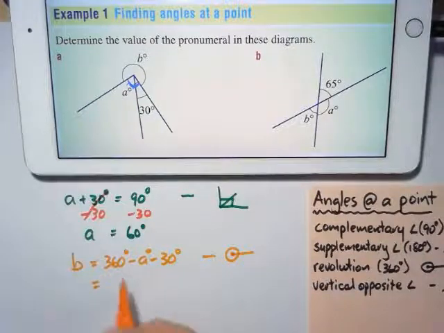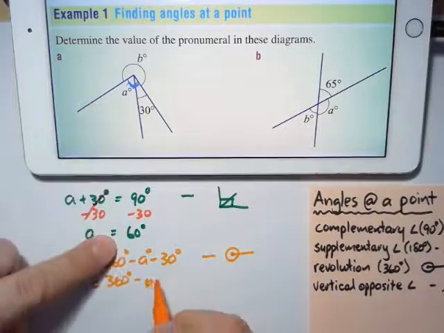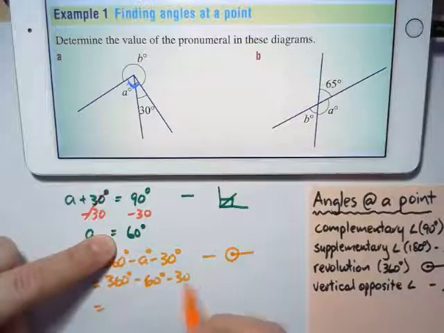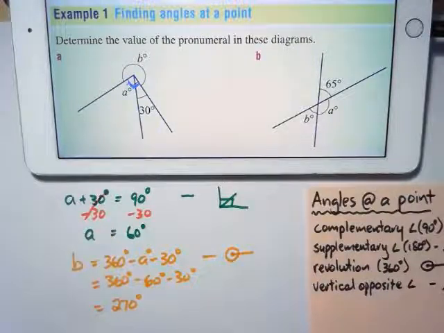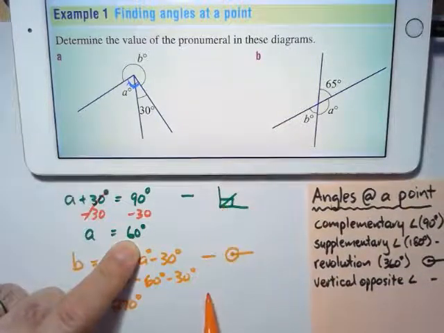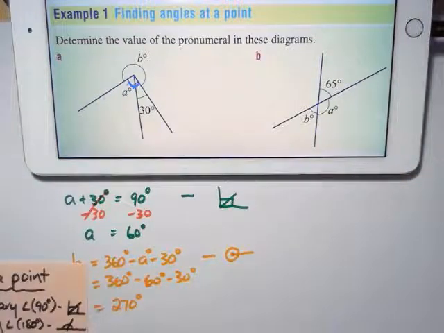This will then give us an answer of 360 degrees, take away A, and A is 60, minus 30, and that will equal then, the answer is 270 degrees. I only made the statement once because that's the only statement that I have made. If I would have marked this in the exam, this will count just as much as that. So if you don't put these in, that's half your marks gone.